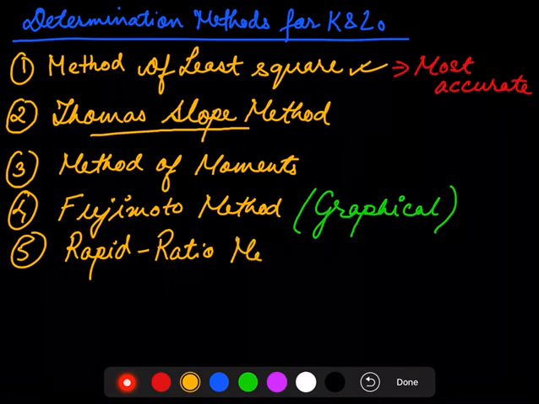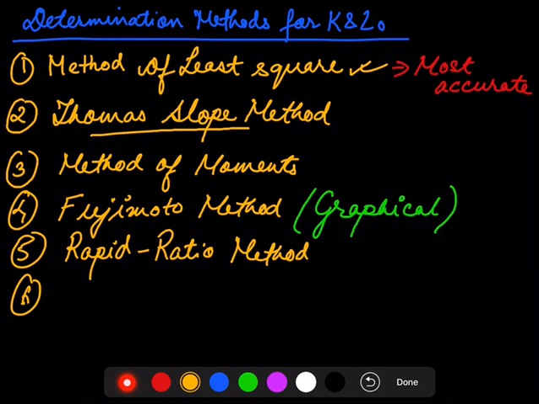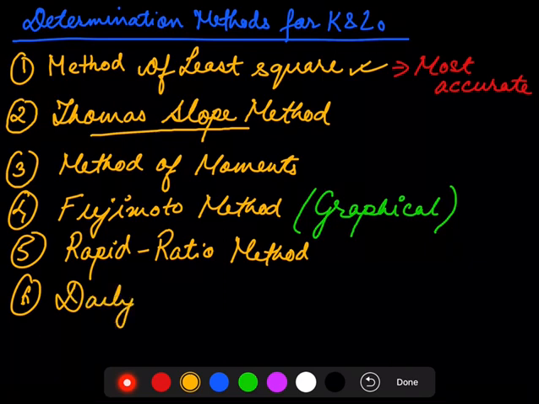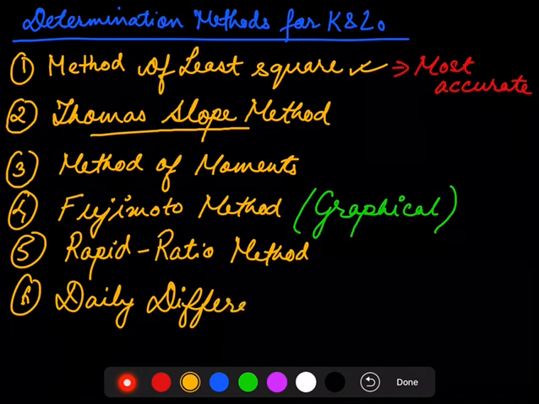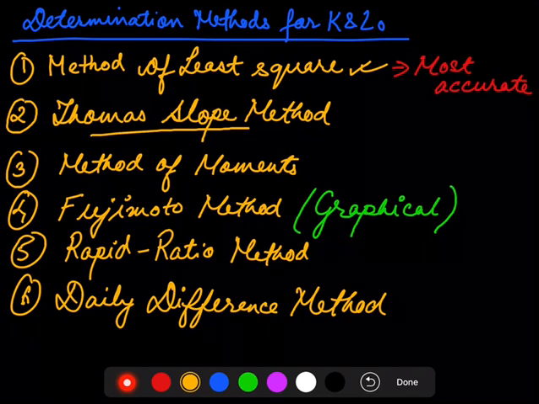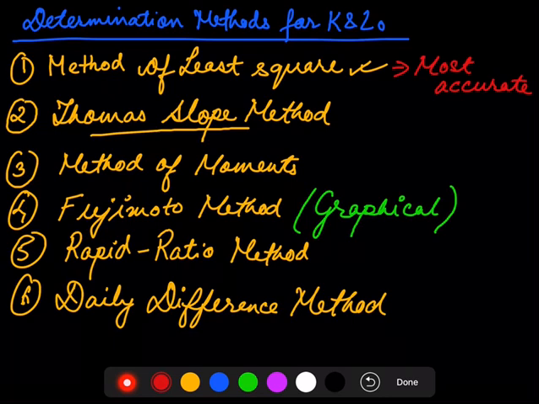And last is your method of daily difference. So these are the different methods for determination of rate constant and ultimate BOD.